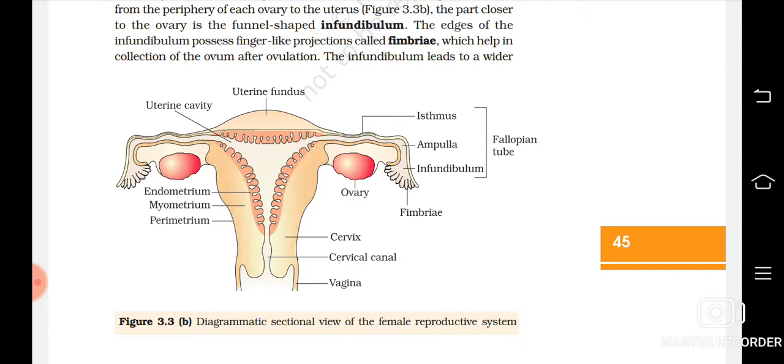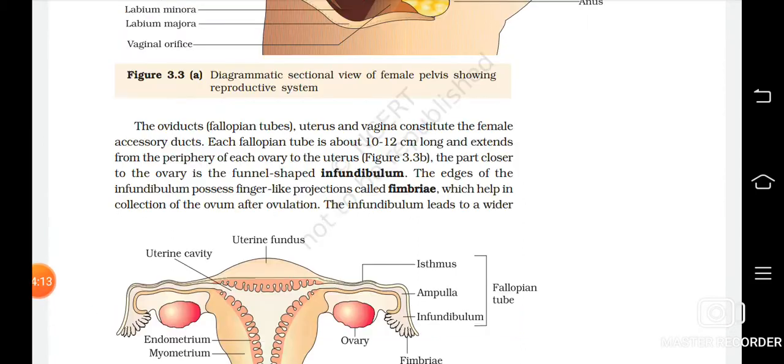It also helps in the production of female hormones. It produces the egg or ovum, and also the female hormones, estrogens and progesterone.